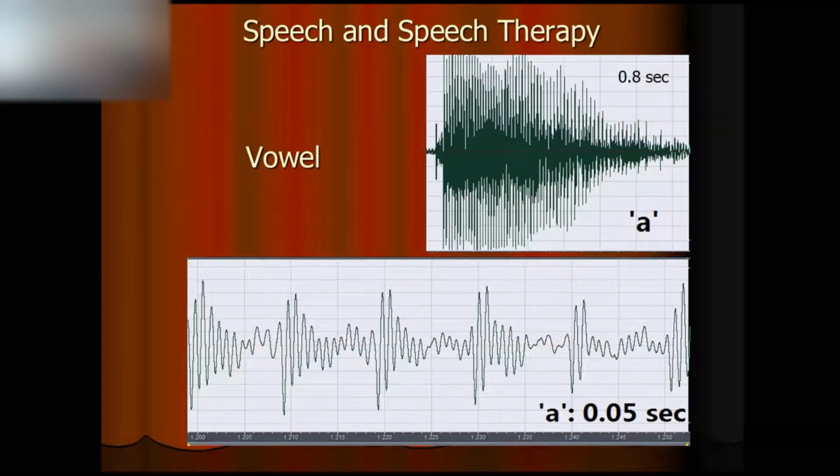What do speech therapists look at? They look at this. This is a recording of a vowel, ah. The x-axis is time. The y-axis is the air vibration close to the recorder.